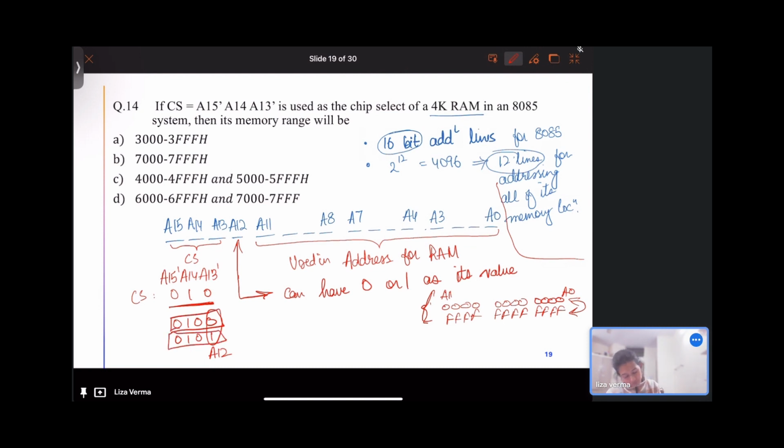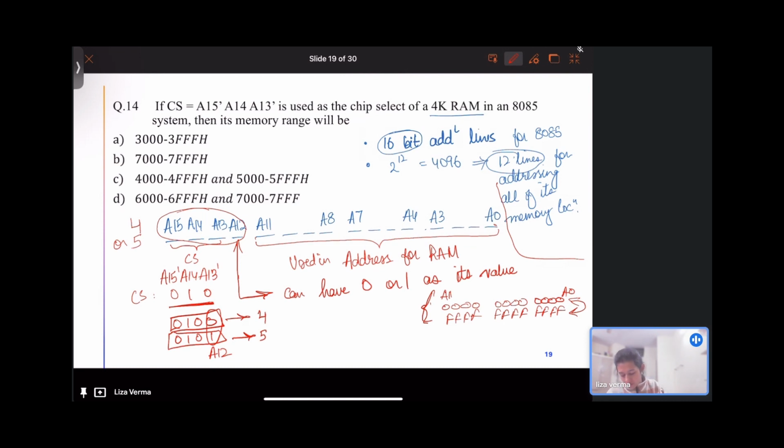So what is the value of this if we convert it into a hex number? That will be 4, right? And this one will be 5. So these 4 bits can have a value of either 4 or 5, and all of A0 to A11 can have values from 000 to FFF, right?